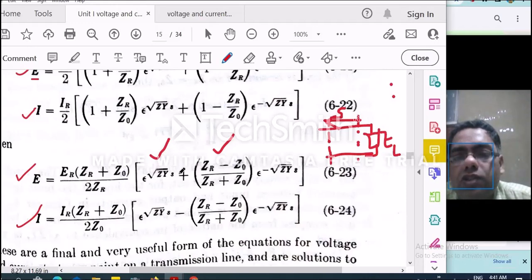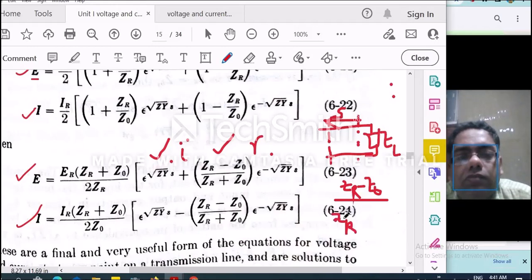If you take the ratio of reflected to incident, you get ZR minus Z0 by ZR plus Z0, but with an exponential term, e to the power minus gamma s divided by e to the power plus gamma s, which gives e to the power minus 2 gamma s.